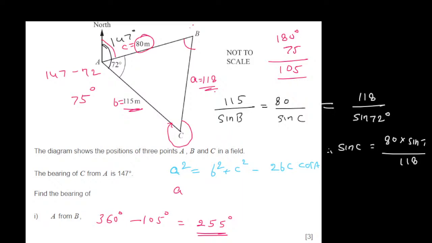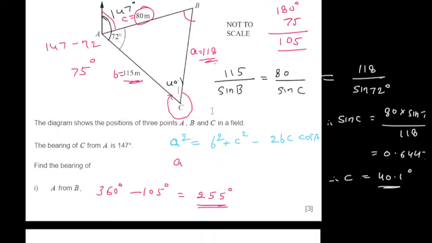So this value we get as 0.6447. Therefore the value of C is shift sine inverse of the answer. So I get the answer as 40.1 degree. Now this angle is 40.1 degree here.